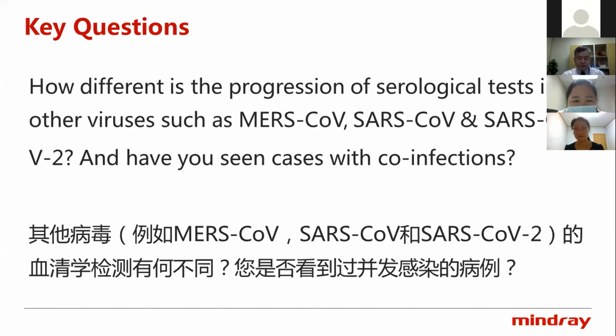In China, we are only treating COVID-19 patients, without treating SARS-CoV patients and MERS-CoV patients, and so I haven't seen any co-infections among them. But clinically, I do see COVID-19 patients with co-infections of influenza, but this is rare.